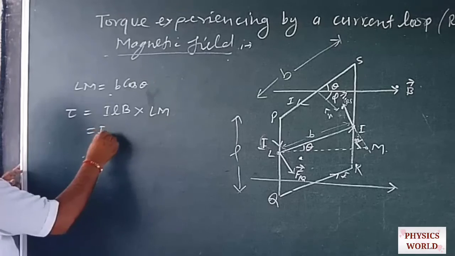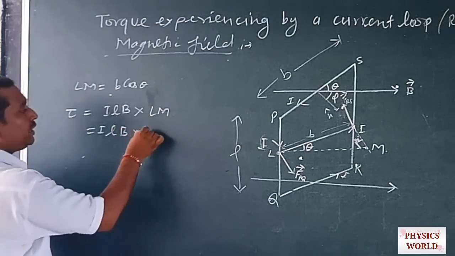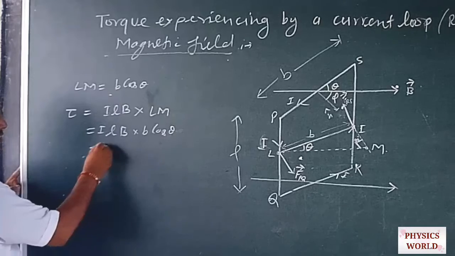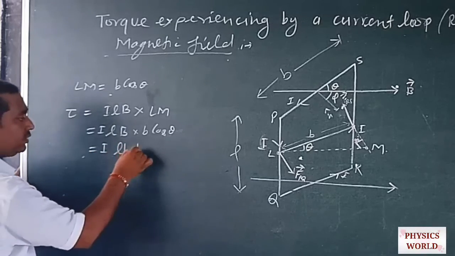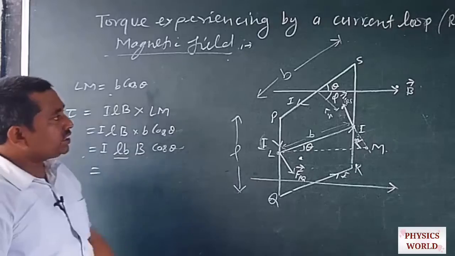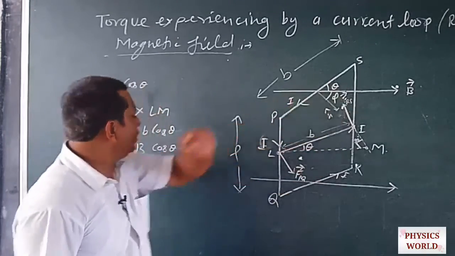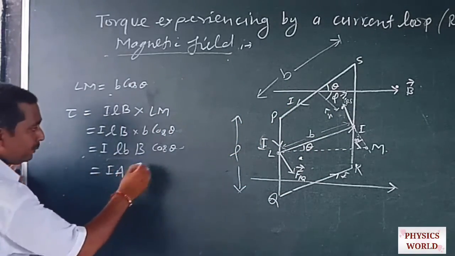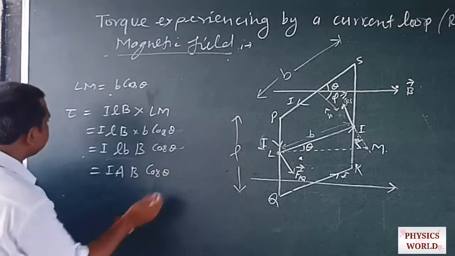So you can write it as ILB into B cos theta. After rearranging, you get I into LB into B cos theta, where LB is the total area of this loop. So this can be written as I A B cos theta.